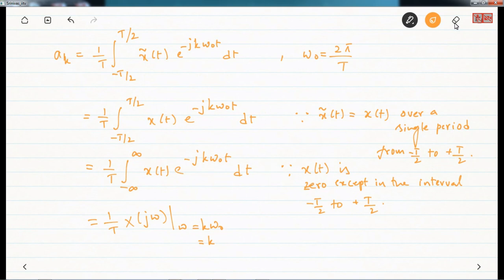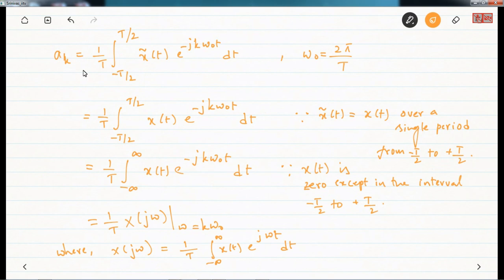Okay, so right now we don't need this, where X of j omega is equal to the integral from minus infinity to plus infinity of x of t e^(-j omega t) dt, right?